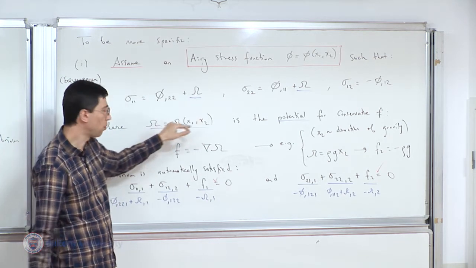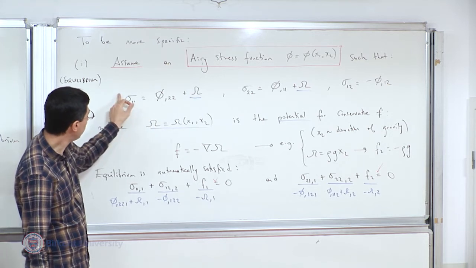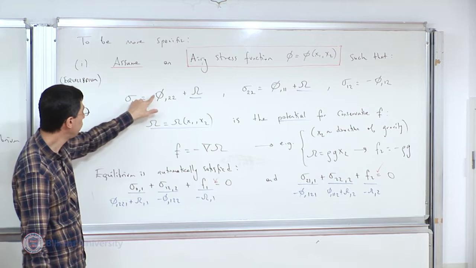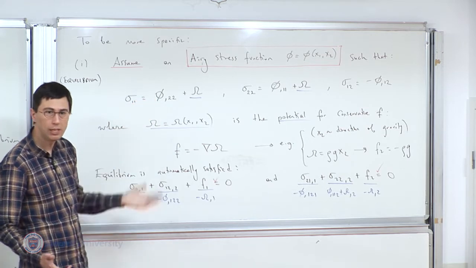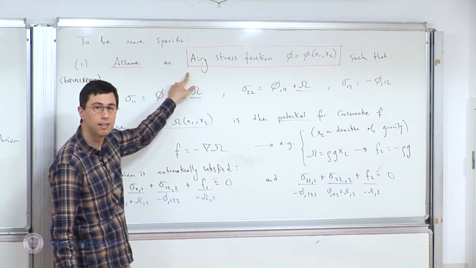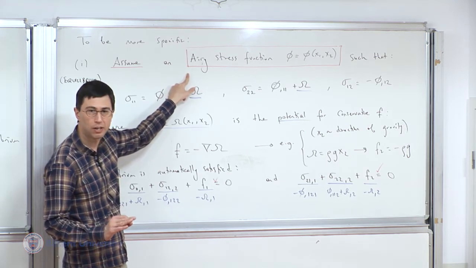It is the body force of the problem. I have converted the problem from finding the stresses, there are 3 of them, to finding a function phi. Will I be able to find it? Or does there exist such a function? It turns out yes. So this is an idea that works. It's a very clever idea.